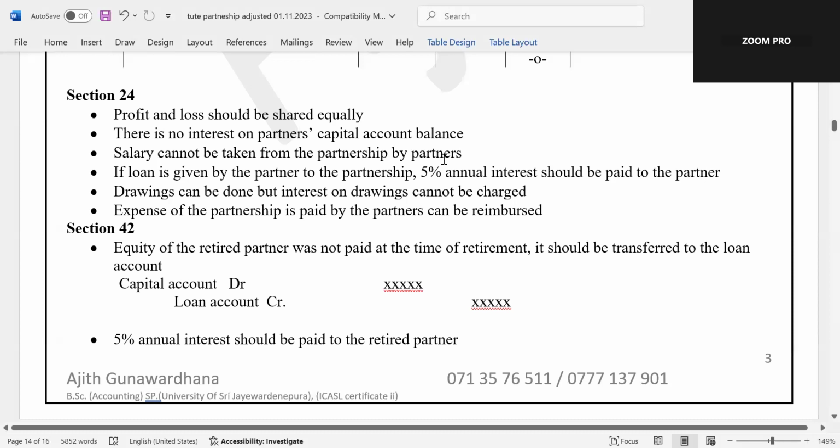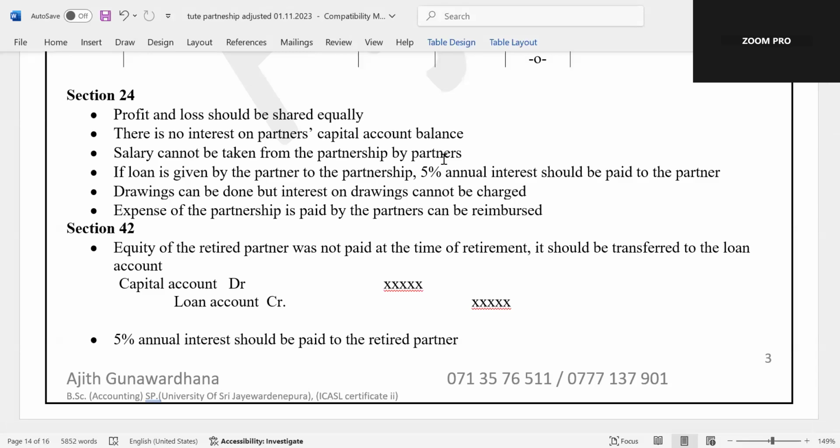If no interest rate is given, 5% applies. All of these apply if there is no agreement; if it has not been given in an agreement, you have to apply section 24. Drawings can be made, but interest on drawings cannot be charged. As well as expenses of the partnership paid by the partner can be reimbursed.